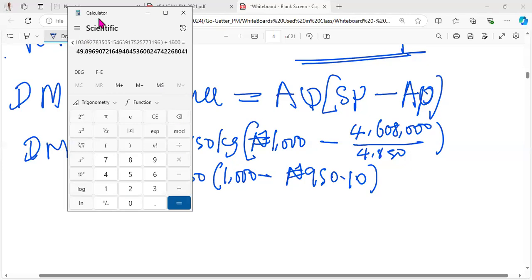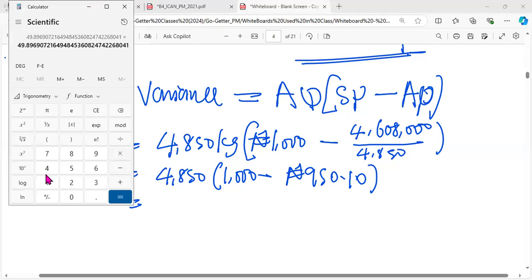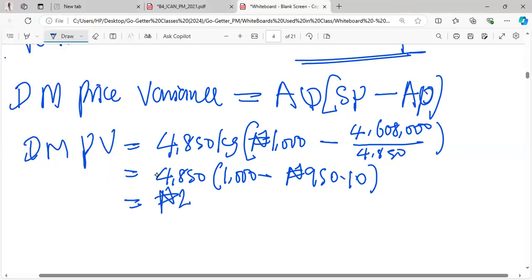Then multiply by 4,850. And that will give me, you see why I have to do it this way. I have to get a round number, 242,000.